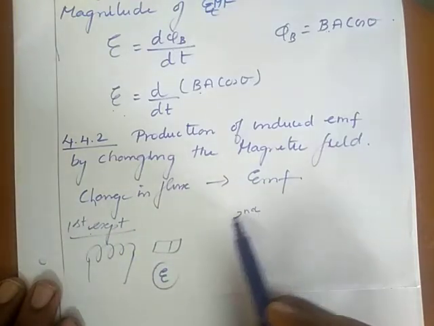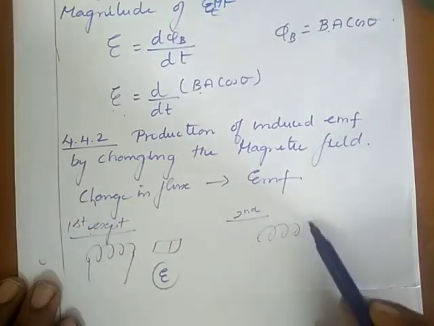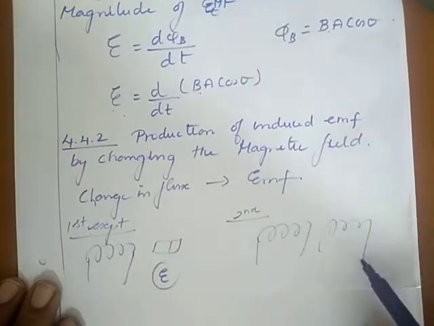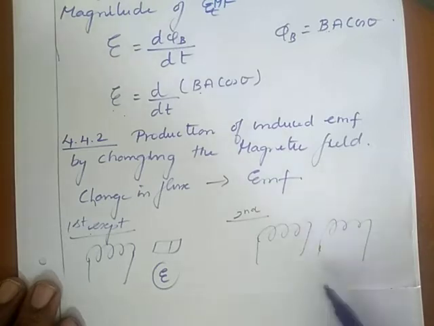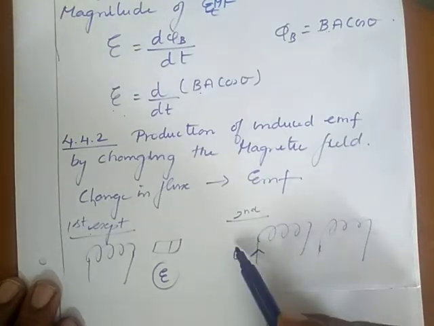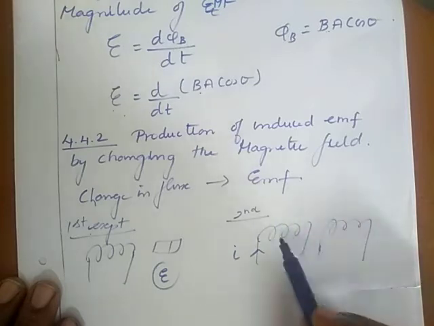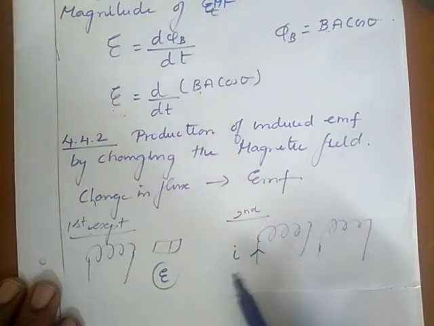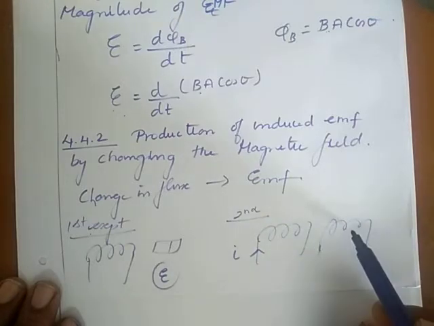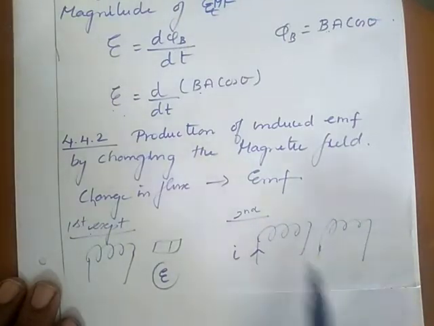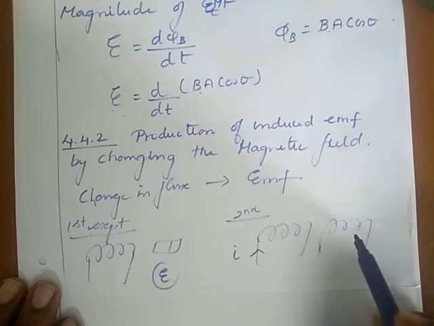In the second experiment, he considered two coils placed in close proximity. If I apply a current in coil 1, it produces a magnetic field around the coil. If I change the current, it produces a change in flux in the secondary coil.